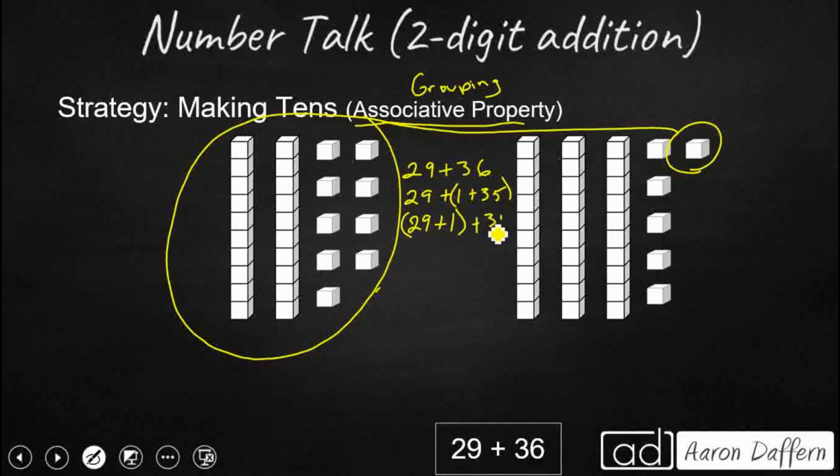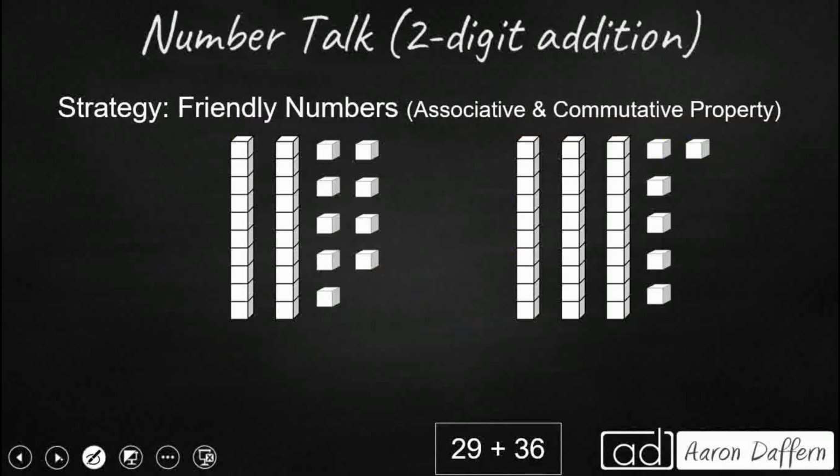So you notice I kept all the addends together. I kept them in the same order. All I did was add my 29 and my 1 first, because that's going to get me 30, right? And then whatever's left over, I'm going to add to my 30. But look at 30 plus 35. Hopefully that's the answer you had in your head, 65.